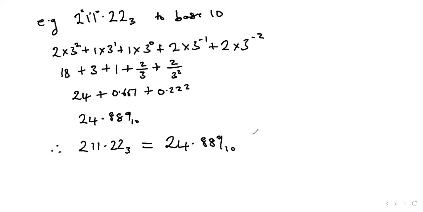So let's take another example to further make you understand it better. This time around, we take a base 2 number. So this is a simple way to do this. This one has no decimal.